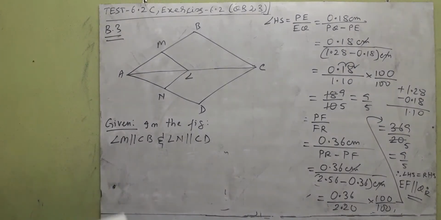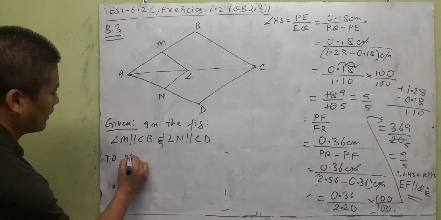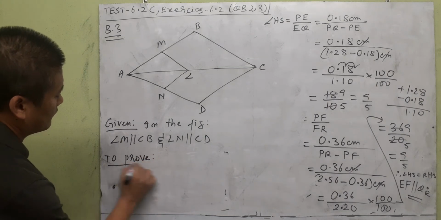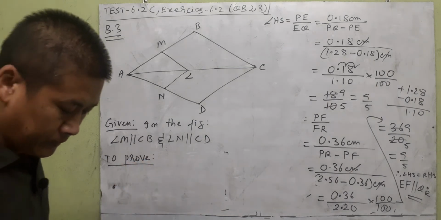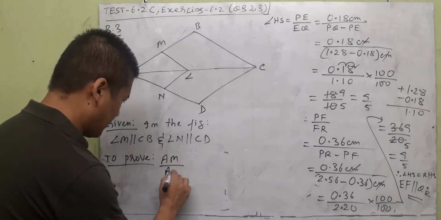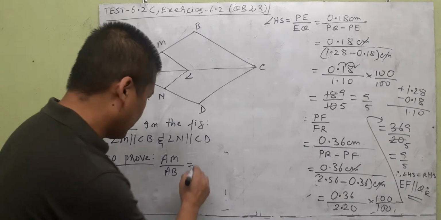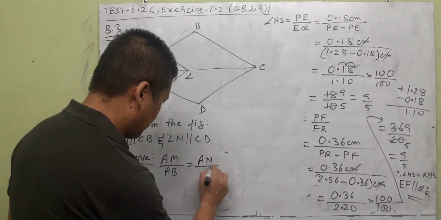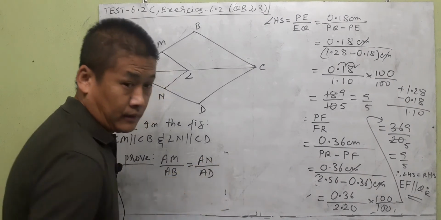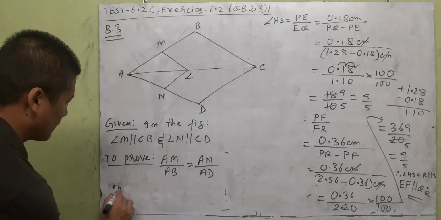That is given. We have to prove something. To prove means that's our part. With this information, we have to prove that AM by AB is equal to AN by AD.